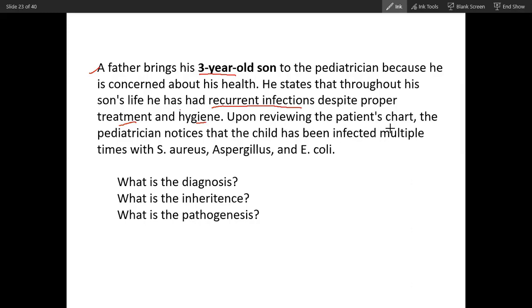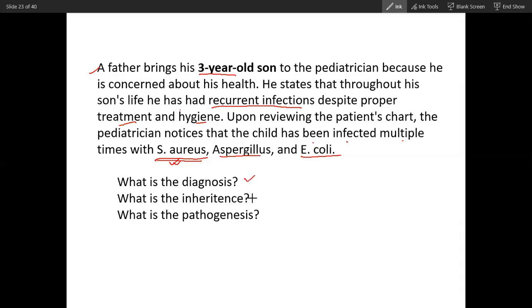Upon viewing the patient's chart, the pediatrician notices that the child has been infected multiple times with Staphylococcus aureus, Aspergillus and E. coli. These are infections that happen in low immunity conditions. So what is the diagnosis?